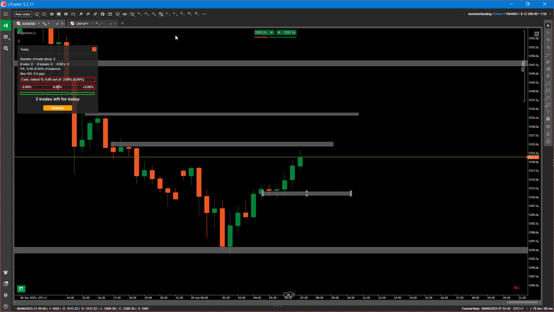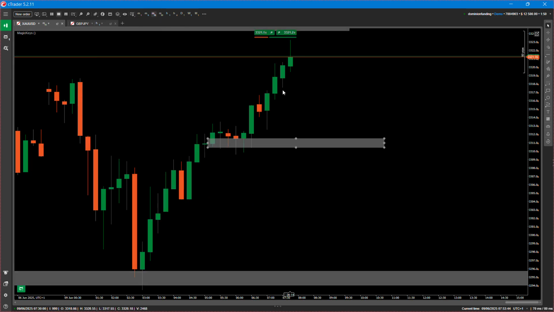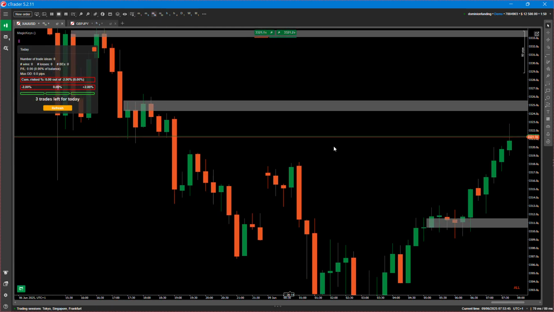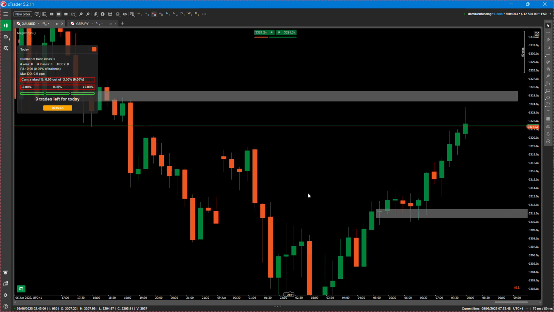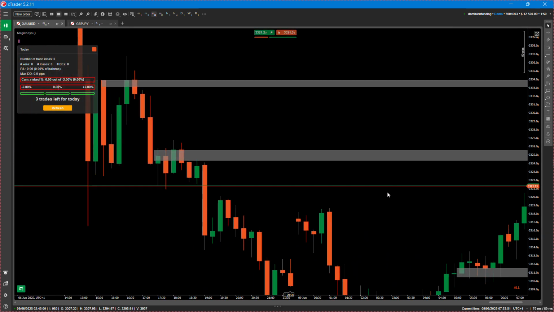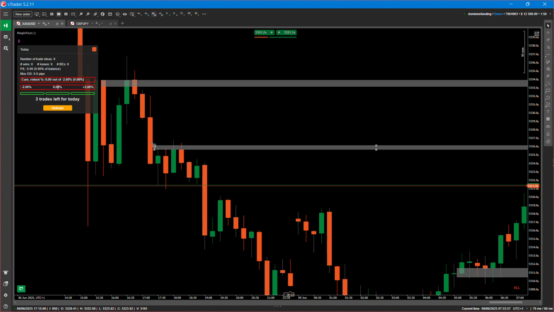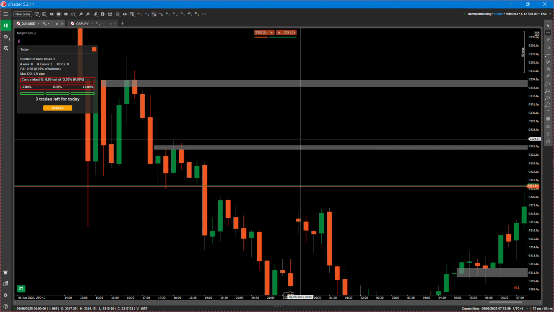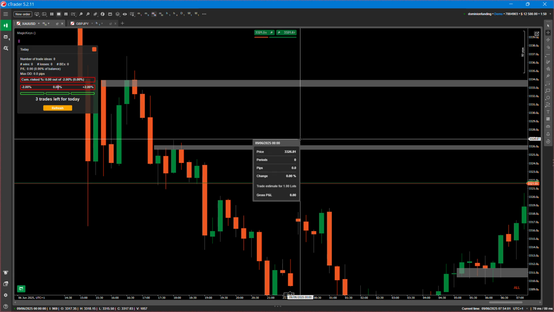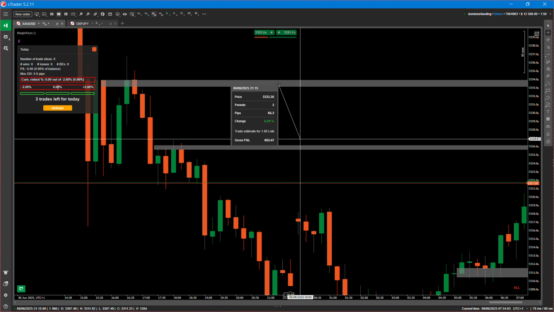If you go to 15 minutes, what you are waiting for now is for the 30 minutes market to break and close above this area, above 33.20, then to see if you can buy up to around 33.